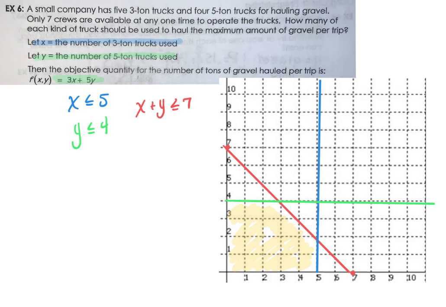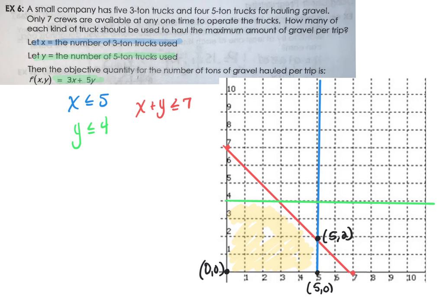So my vertices then are 0, 0. This is automatically first quadrant because we can't have negative of any of this, right? We have a 5, 0. We know where this crosses, right? This crosses at 5, and if you plug in a 5, then your y is 2. So 5, 2, right?